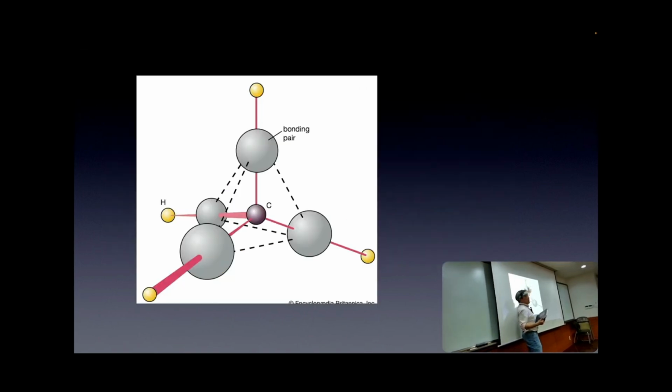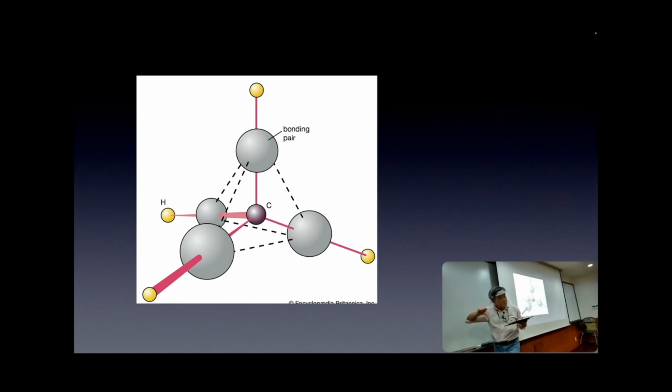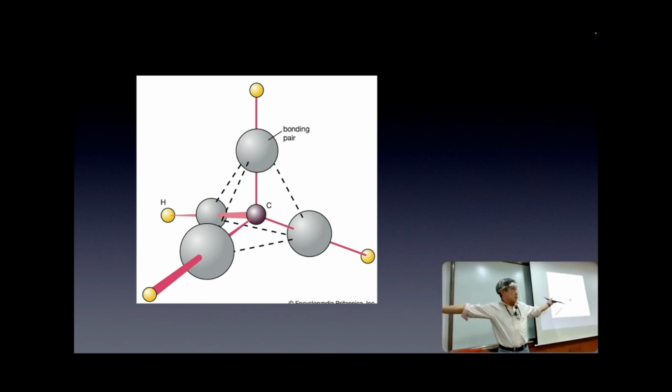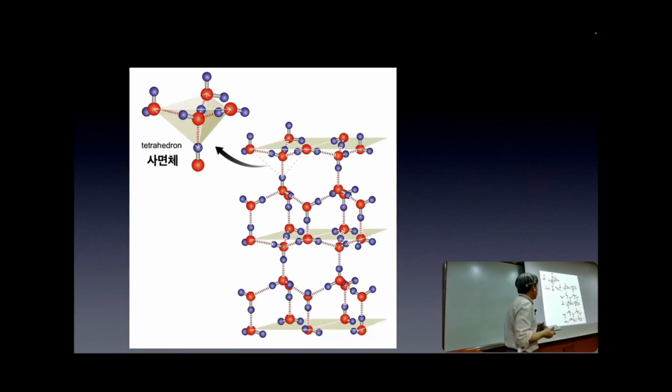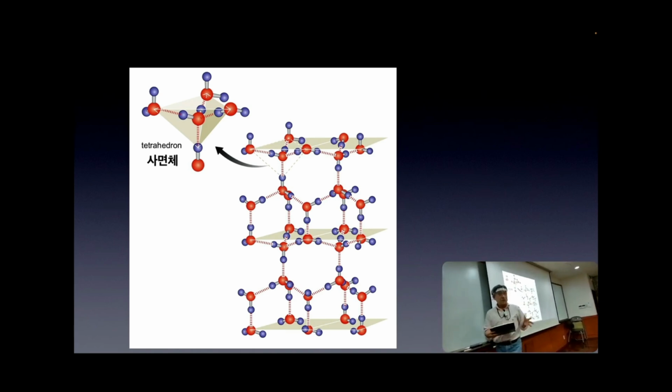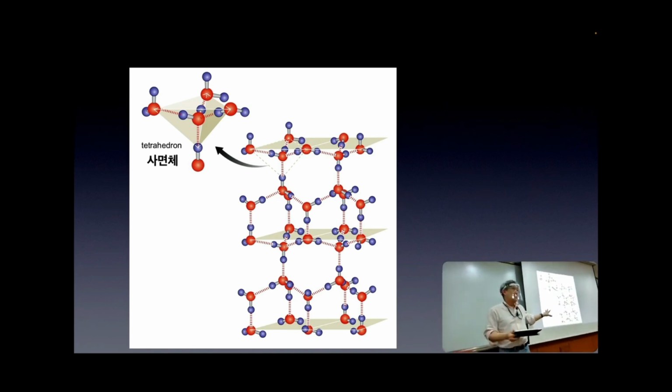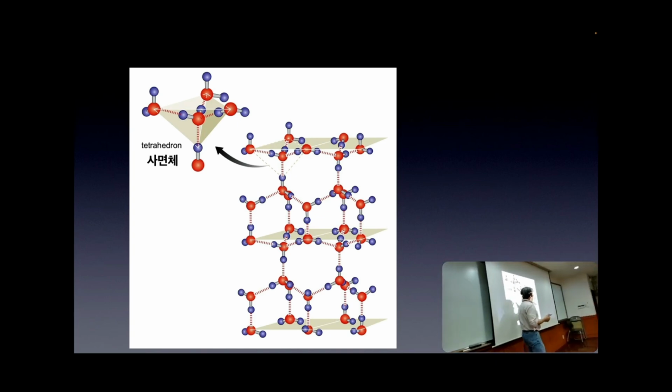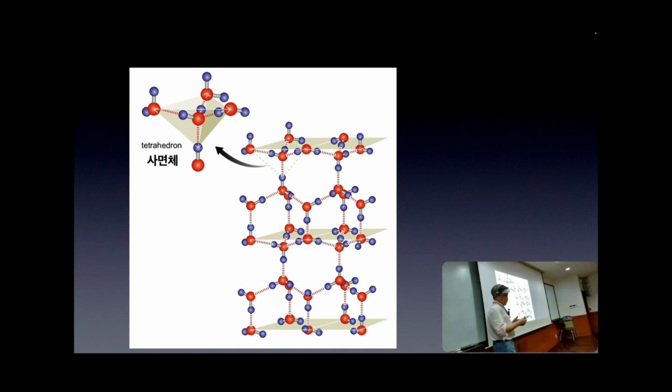You can even have another carbon over there. By doing so, you can expand this whole thing to become such a huge material. So you can keep going on and on. That's the nature of macromolecules. That's why for all those macromolecules, you better have some carbon there.